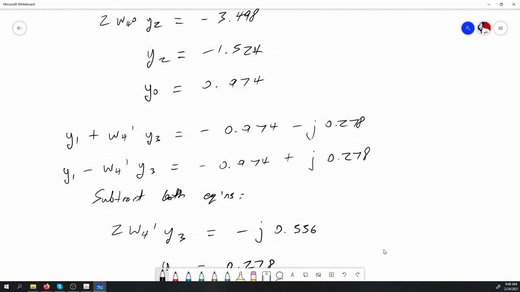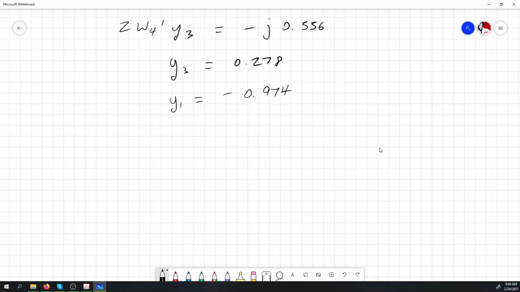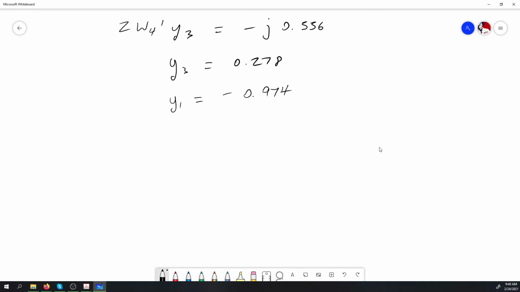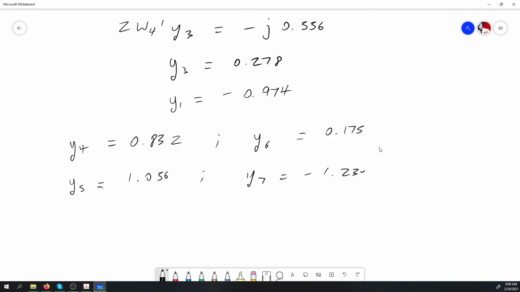So I'm just going to write down what the values are in the interest of time. So we have y4 here equal to 0.832, y6 equal to 0.175, y5 is going to be equal to 1.056, and then y7 here equal to negative 1.39.